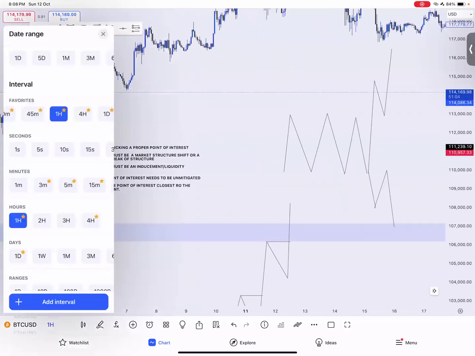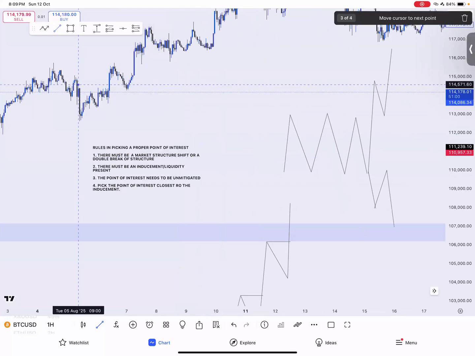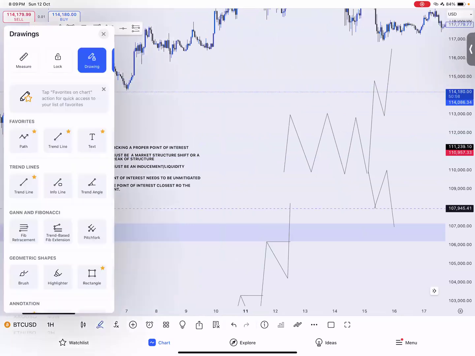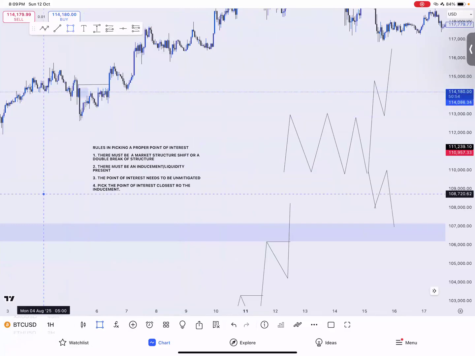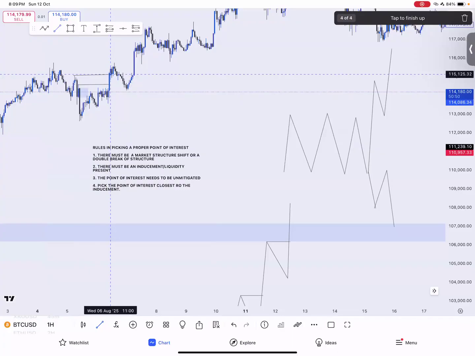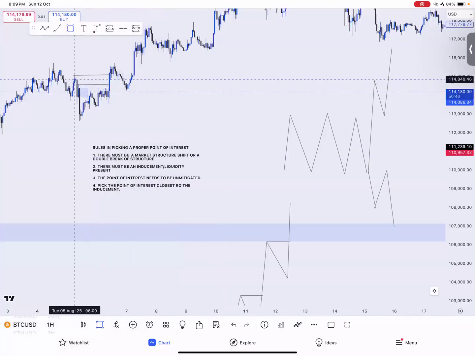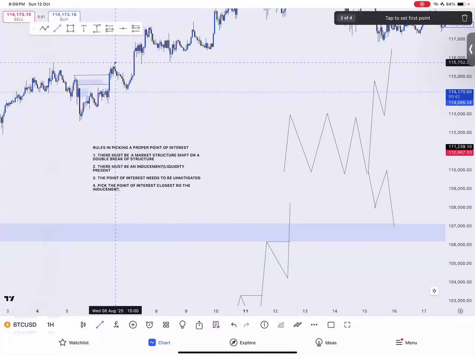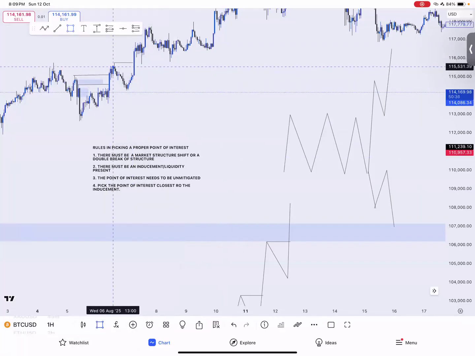For example, the moment this high right here was taken out, the body of this candle becomes a breaker block. The moment this high here was taken out, the body of this high becomes a breaker block. The moment this high was taken out, the body of this high becomes a breaker block.